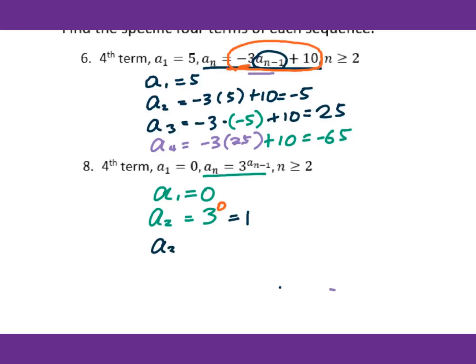A sub 3 equals 3 to the previous term, that's 1, so 3^1 equals 3. For a sub 4 equals 3 to the previous term, you will get 27.